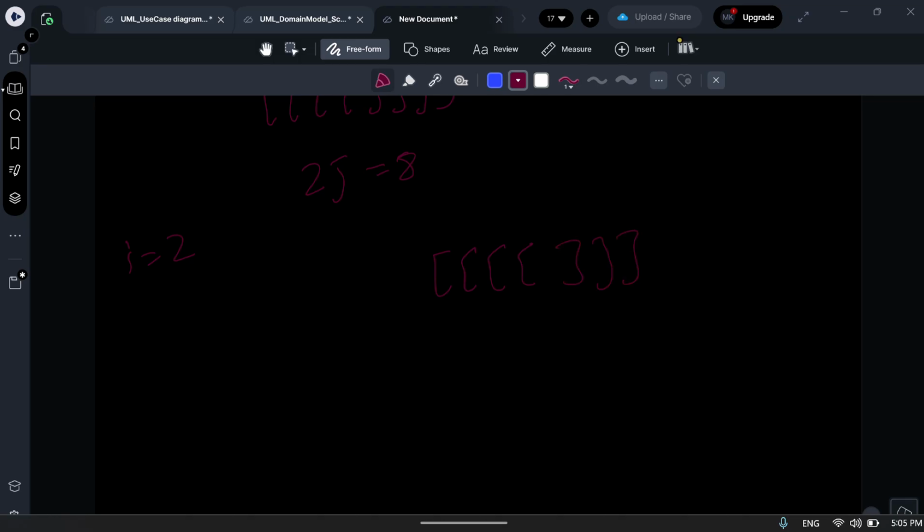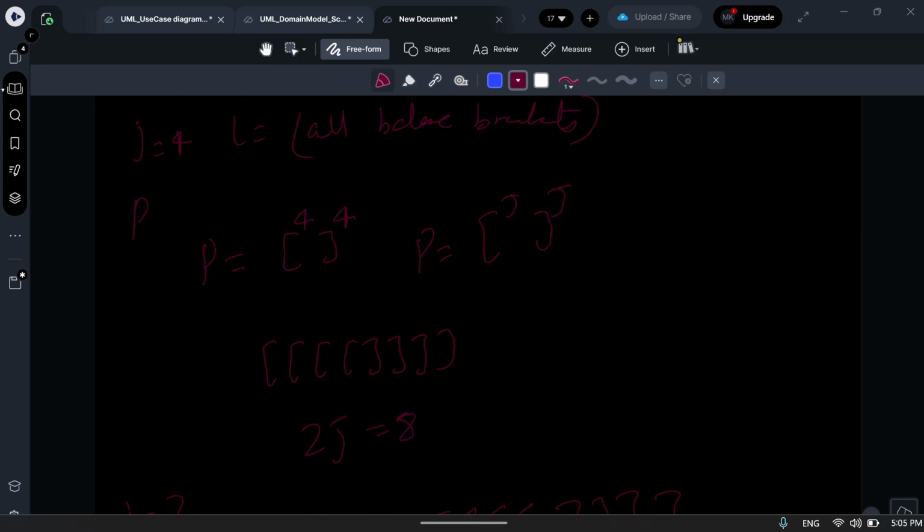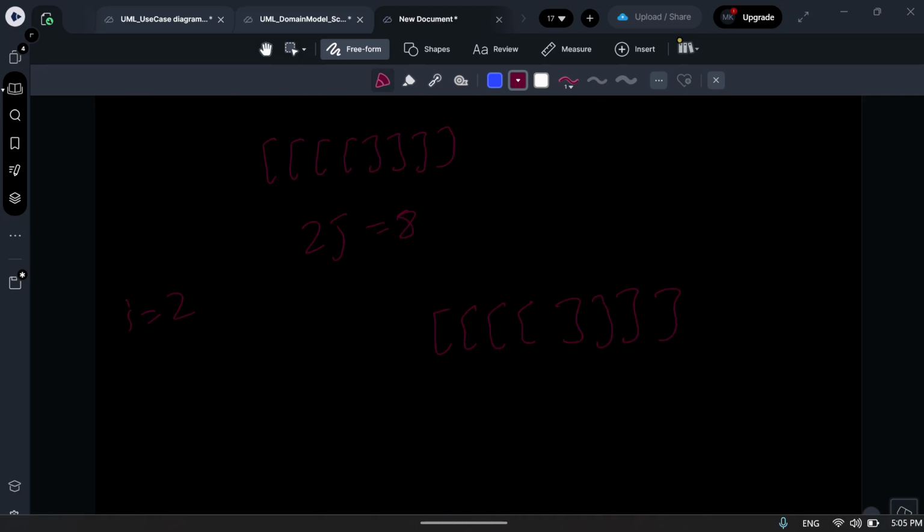Even when he decided j to be 4, the first 4 are just opening brackets. Based on that, no matter how the opponent splits the string, the pumpable part v is guaranteed to consist entirely of opening brackets.